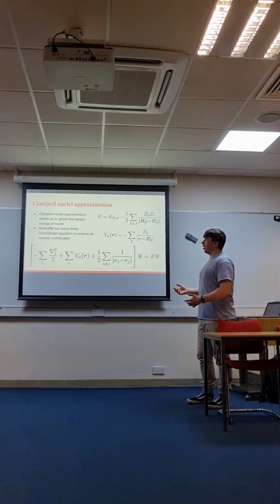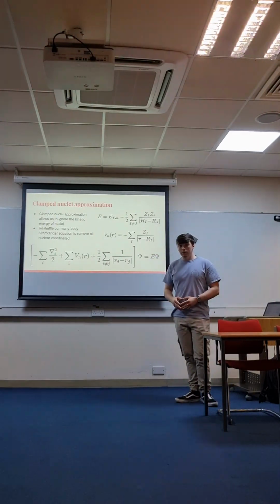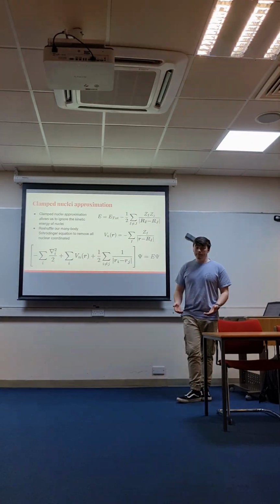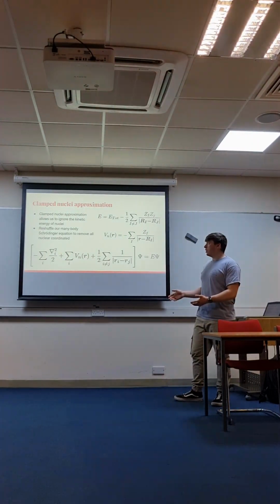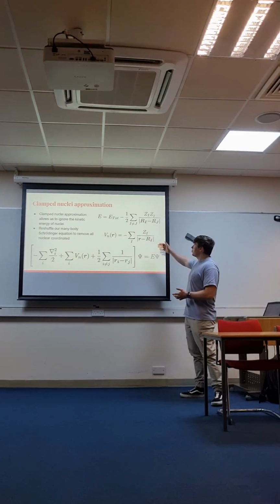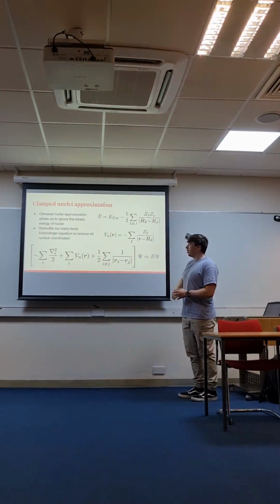So now let's start talking about approximations. The first of which I'm going to talk about is the clamped nuclei approximation. And this allows us to completely ignore the kinetic energy of our nuclei. We can do this because our nuclei are much more massive compared to our electrons, and therefore won't move. What we can also do is shuffle around our equations and redefine our energy as the top equation.